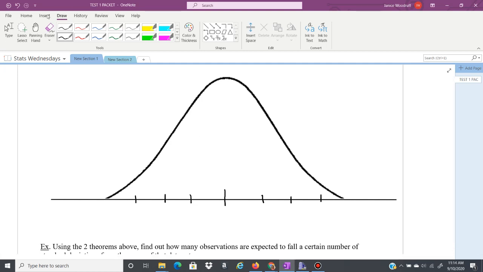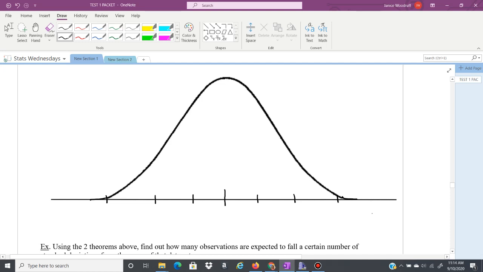No, I didn't do that right. Hold on. It's a little uneven, but this is what we look at.